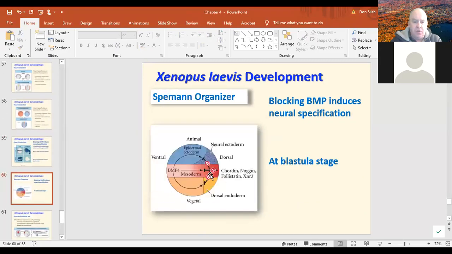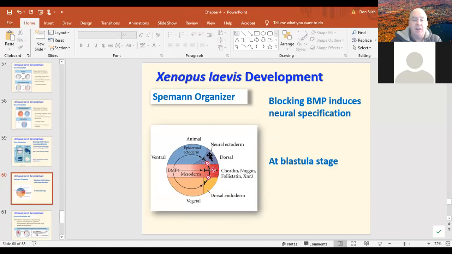So here's your BMP blocking diffusing things, chordin, noggin, follistatin, XNR3. They're starting at the Spemann organizer, and we've talked about this giving us mesoderm, dorsal and ventral mesoderm, but also it's going up this way, and it's blocking the effect of BMP so that this end of the blastula will be neuroectoderm in the end.